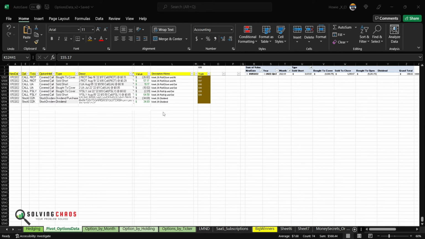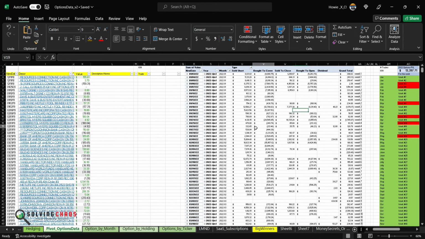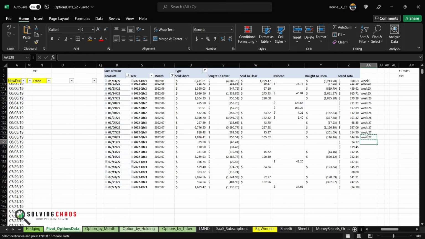Again, I copy all the trades from my E-Trade account and put it in here. I number the trades. First thing I do is hit the save button, and then we're going to do the pivot. Go over here, hit the pivot. Let's plug in week number 28 first, and then 29.